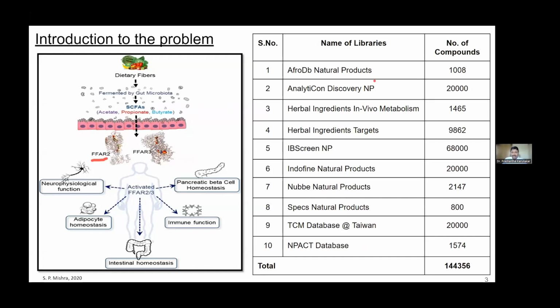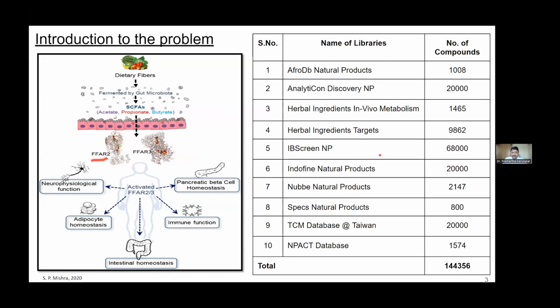In any study, usually when scientists are working, we take like 1 lakh molecules or 2 lakh molecules, 1 million, 1.5 million, or 0.5 million like this. Here we have nearly 0.1 million molecules from different databases, from natural products.